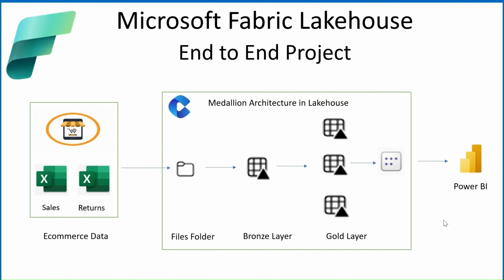In the bronze layer we will create one table which will contain the sales and return information, and after that in the gold layer we are going to create a dimensional model which will contain the product dimension, customer dimension, date dimension, order priority dimension, ship mode dimension, and at last our fact sale table. After loading the data into the gold layer, we will create a semantic model, and at last we will connect to the semantic model using Power BI and create a report.